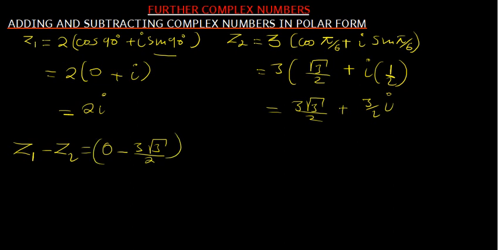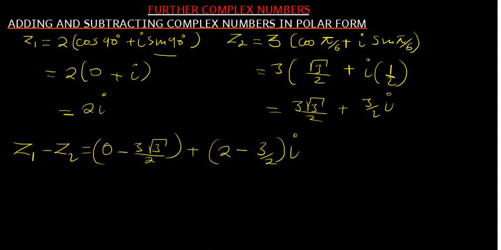And then plus, we are going to get the imaginary part for the first one. We subtract the imaginary part for the second one, which is 3 over 2. Then we put an i at that point.